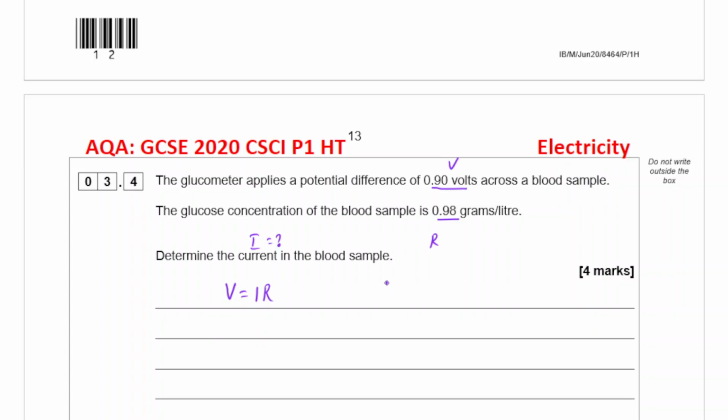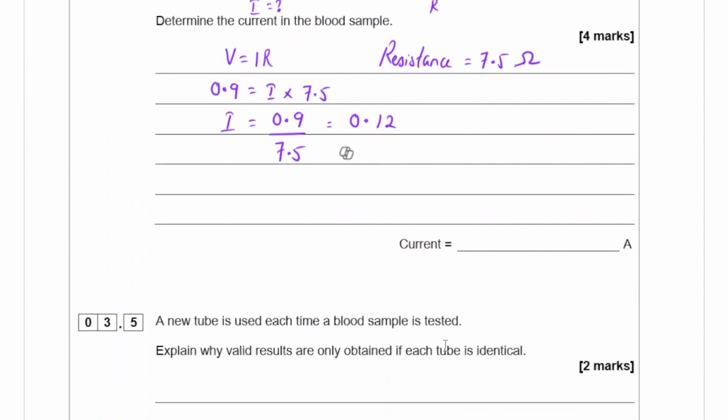So resistance equals 7.5 ohms. 0.9 equals I times 7.5. Rearranging the equation, I equals 0.9 divided by 7.5. That gives you a current of 0.12 amps.